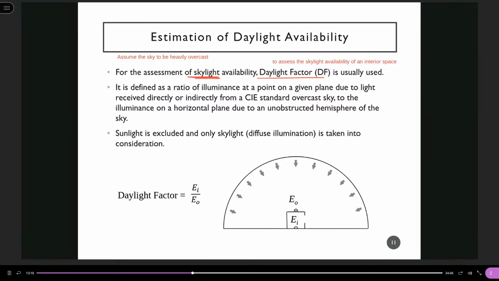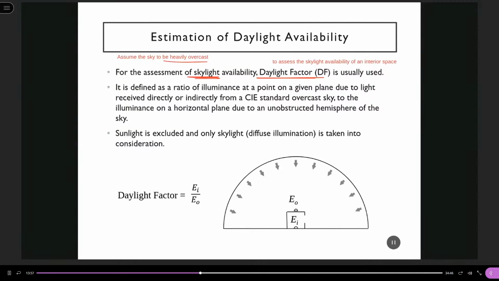So for the evaluation of daylight factor, we assume the sky to be heavily overcast. Everywhere in the sky hemisphere is covered by thick cloud, so thick that we cannot tell where the sun is. In the heavily overcast sky, the brightness of the sky will be the same irrespective of the orientation.